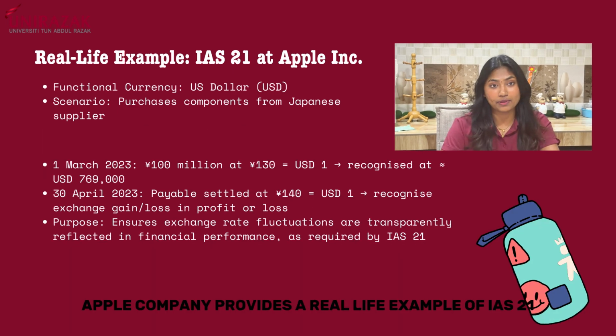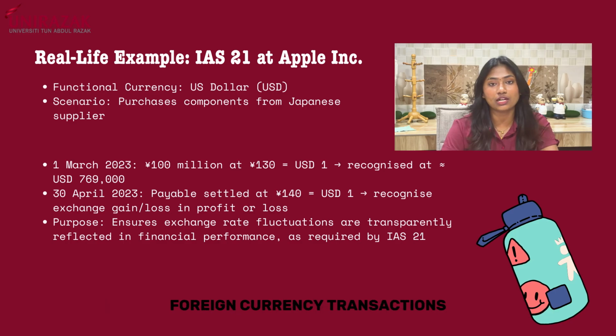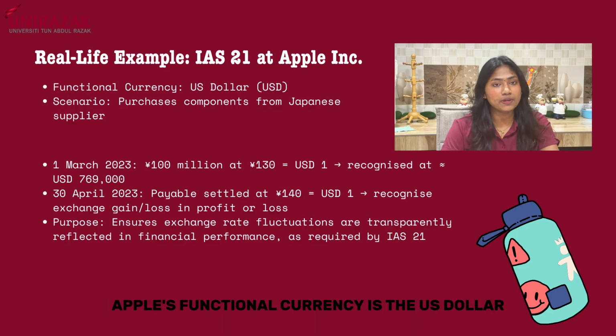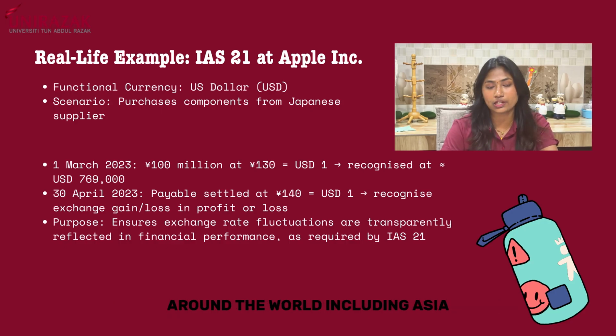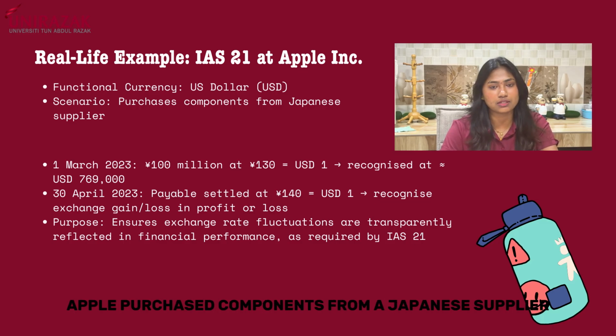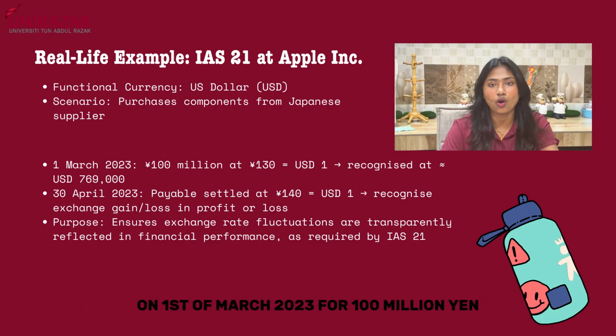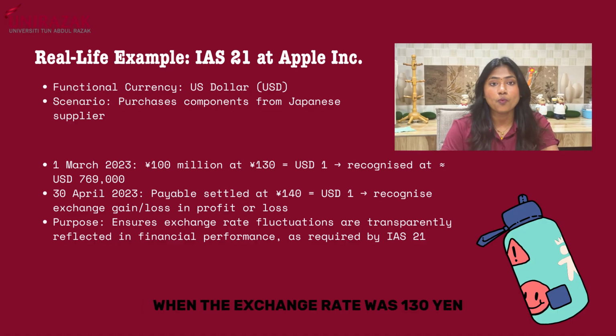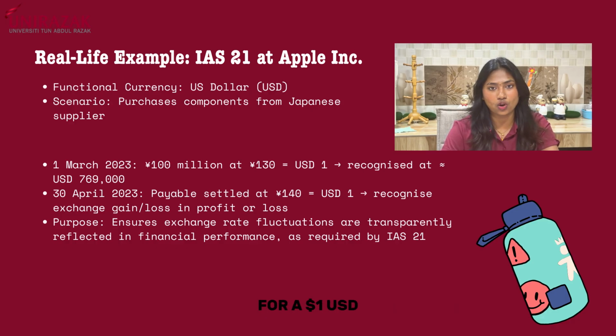The famous Apple company provides a real-life example of IAS 21 foreign currency transactions. Apple's functional currency is the US dollar, but it purchases components from suppliers around the world, including Asia. For example, suppose Apple purchased components from a Japanese supplier on 1st of March 2023 for 100 million yen when the exchange rate was 130 yen for $1 USD.